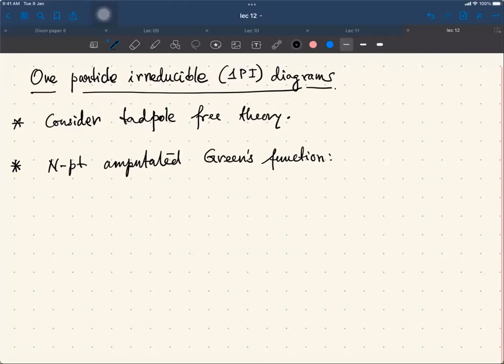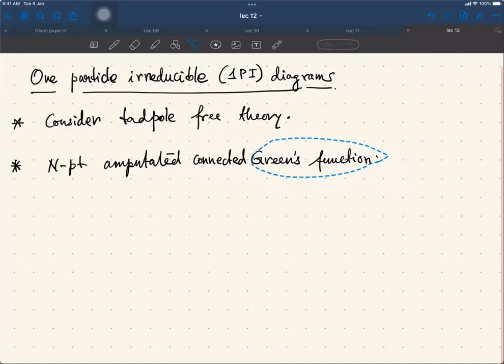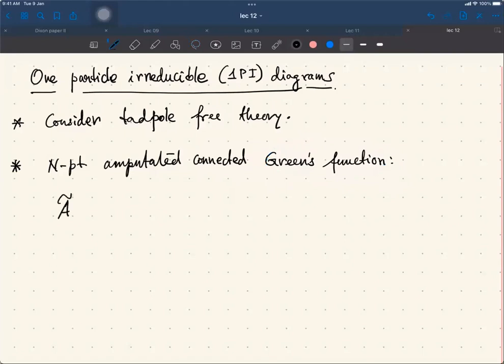We are considering the connected Green's function, and that's given by A tilde n connected of P1 to Pn. Now consider all possible diagrams in this, and then divide it into two parts.